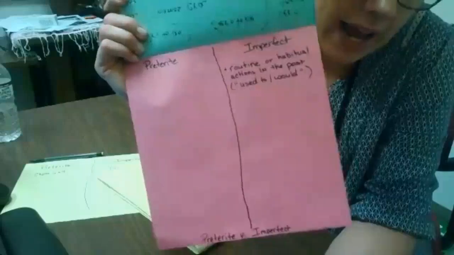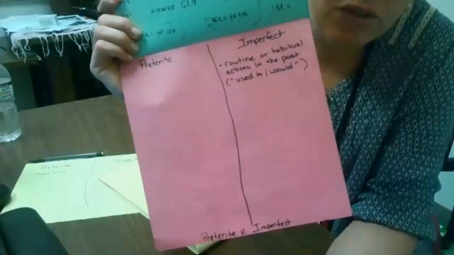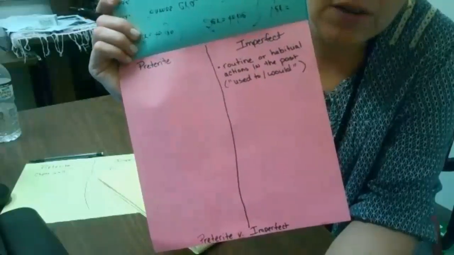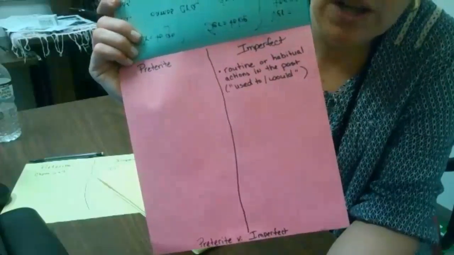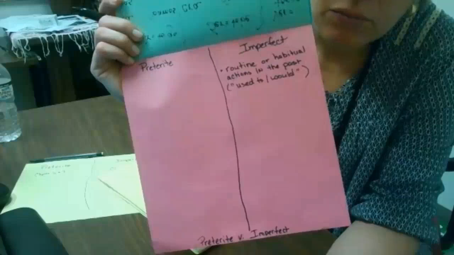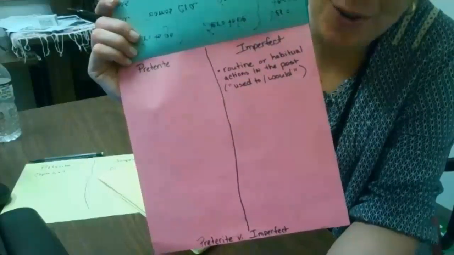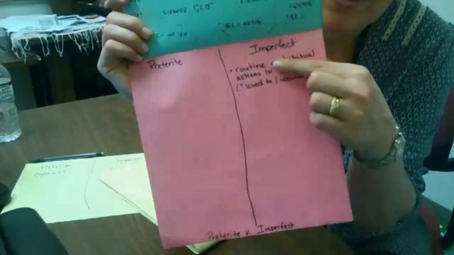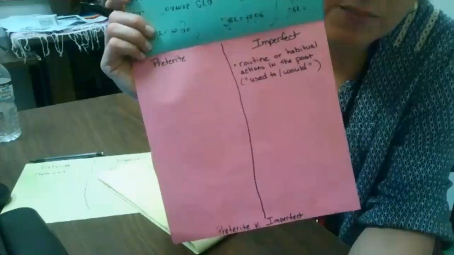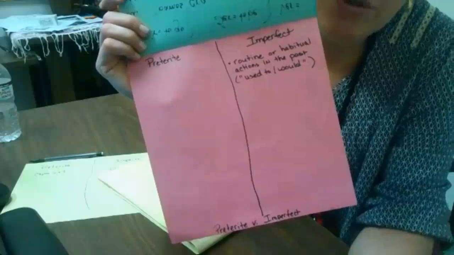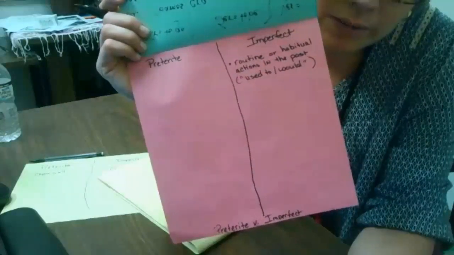In Chapter 8, they start introducing chores, things to be done around the household. And they ask you, when you were little, what chores did you used to do? That would be using the imperfect. Or sometimes I like to ask my students, what did you used to watch on TV when you were little?